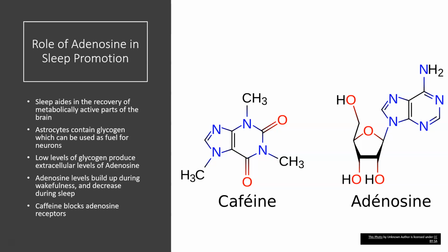Astrocytes contain glycogen, which can be used as fuel for neurons, and low levels of glycogen produce extracellular levels of adenosine. So when neurons are metabolically active, they burn a lot of fuel. They take glycogen from the astrocytes, and this decrease in glycogen leads to a buildup of adenosine. And adenosine builds up during wakefulness and decreases during sleep.